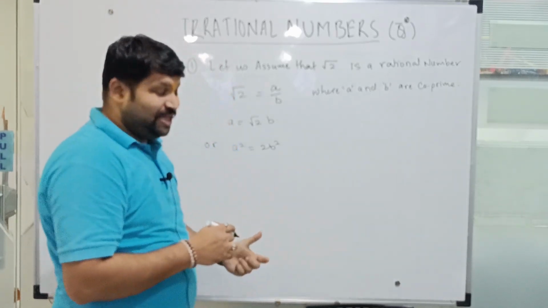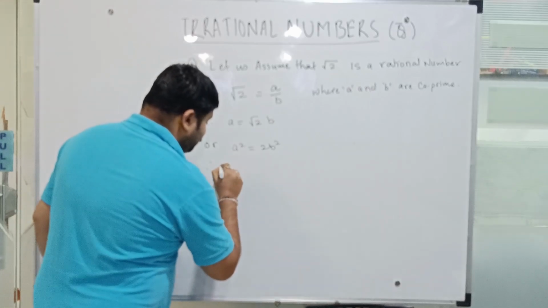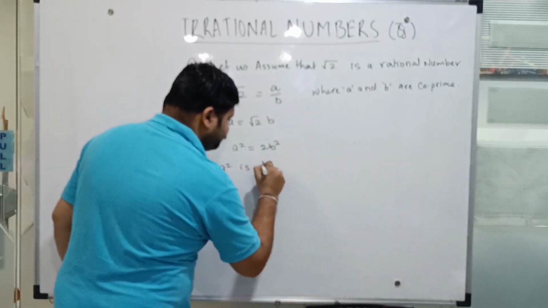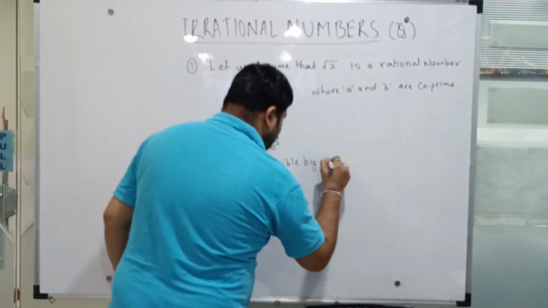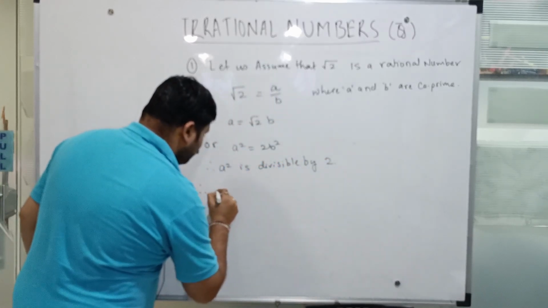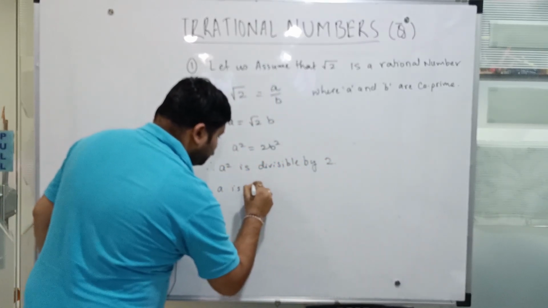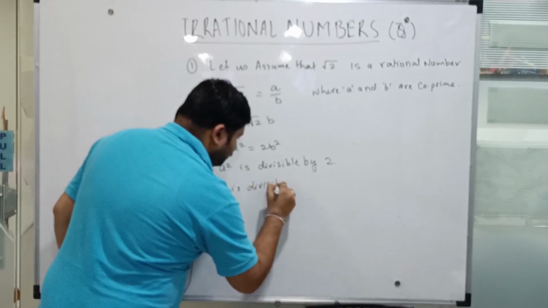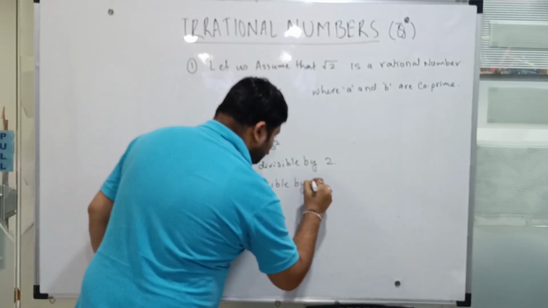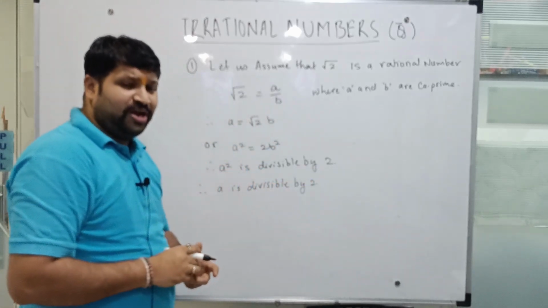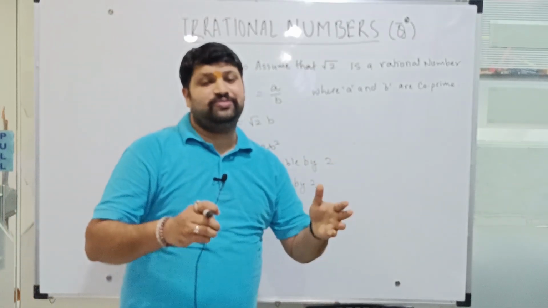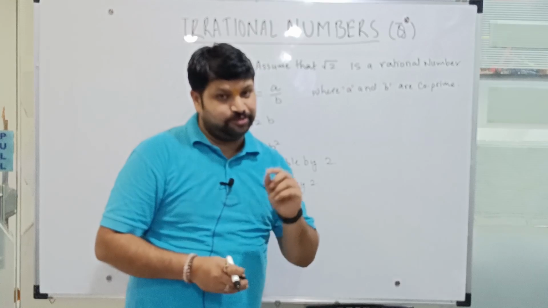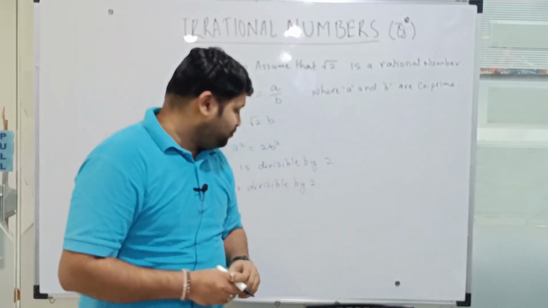So I can say that therefore a square is divisible by 2, therefore a is divisible by 2. We know that if the square of a number is divisible by a particular number, then that number itself would also be divisible by that particular number.